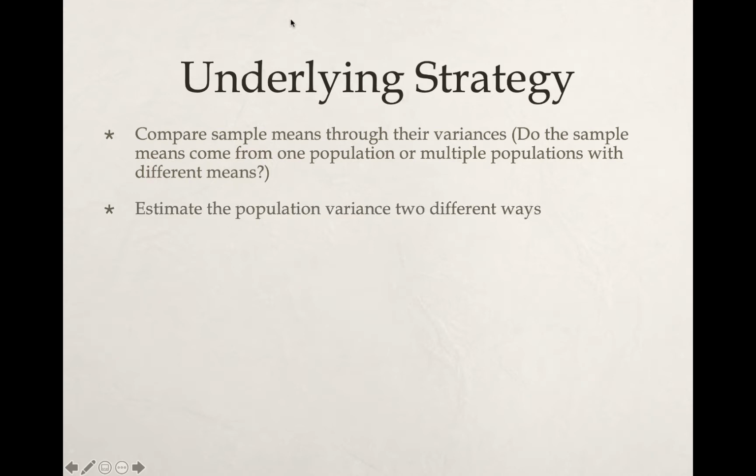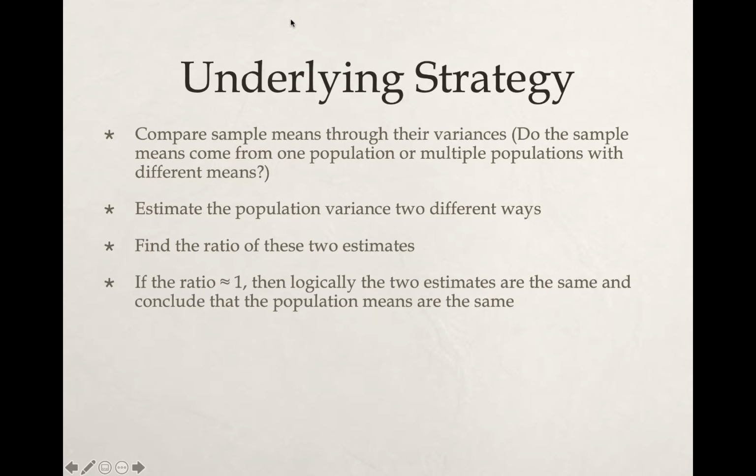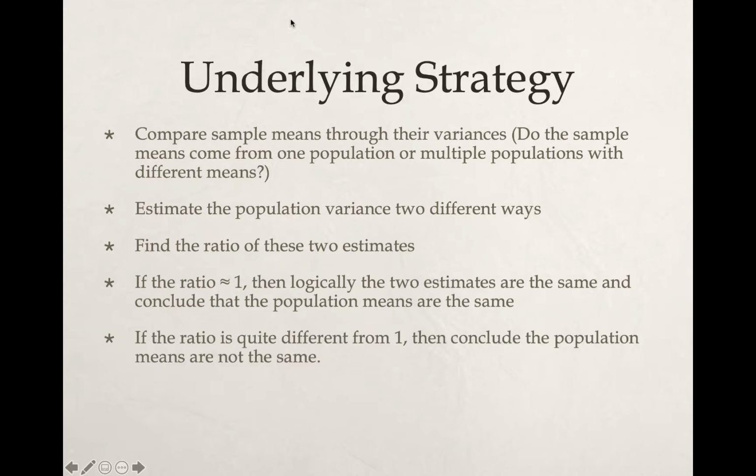And so what we do here, and I should say what the software is doing, is estimating the population variance 2 different ways. We find a ratio of these 2 estimates, and if the ratio is close to 1, then logically the 2 estimates are about the same, and we conclude that the population means are the same.